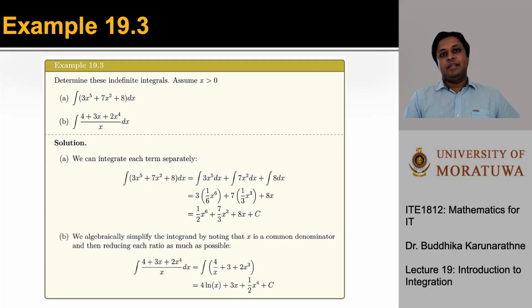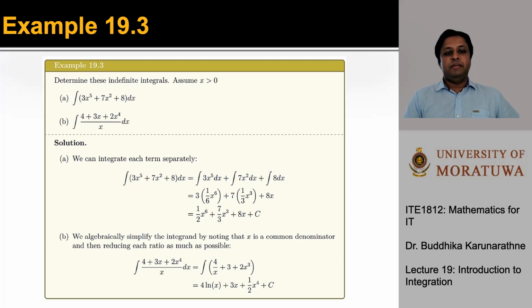Similarly, for the second part, you can take the constant in front, 7, and then integrate x to the power 2. The answer will become x to the power 3 over 3. And when you integrate the constant, you basically have to add the x. So it becomes 8x.